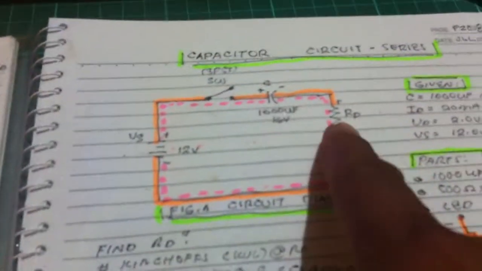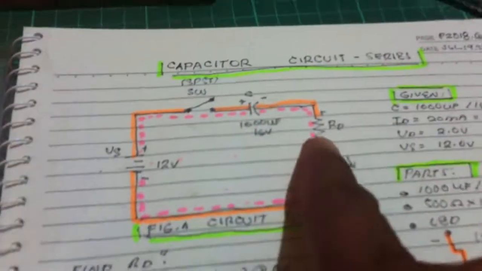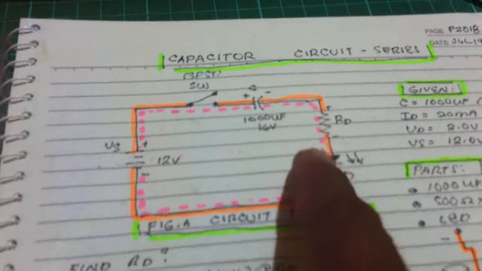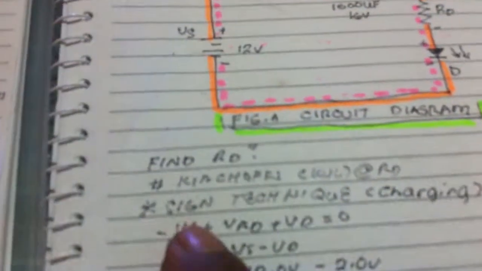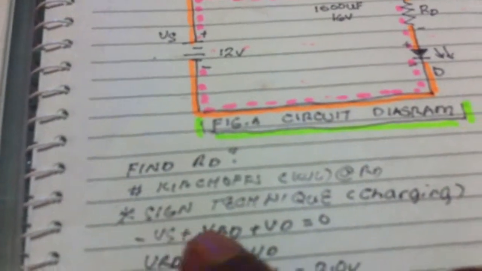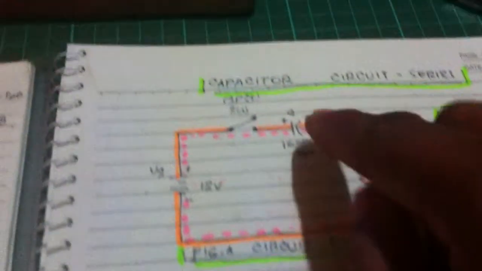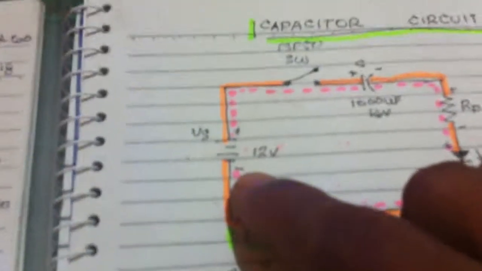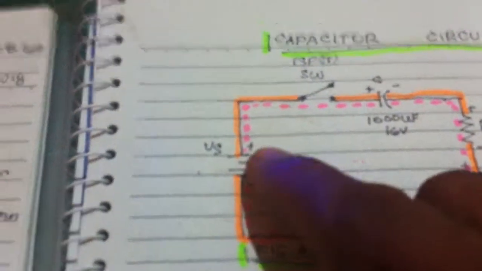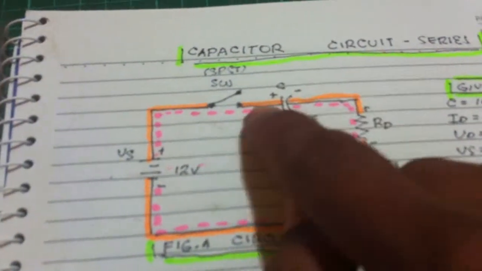And then using the Kirchhoff's voltage loop here, finding the value of the resistor to protect the LED. I have a new technique here, I call it the sign technique. When the capacitor is still charging, current flows here, then you see the sign here, negative, positive. It's still charging.